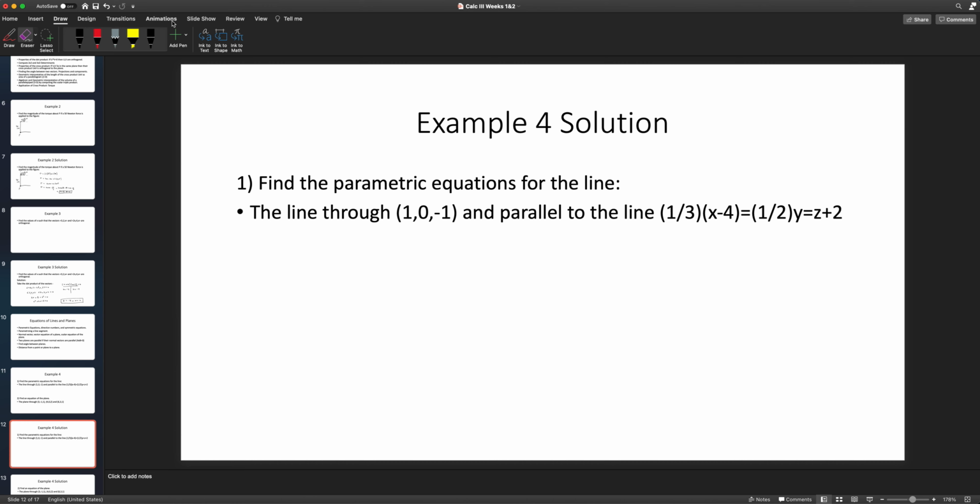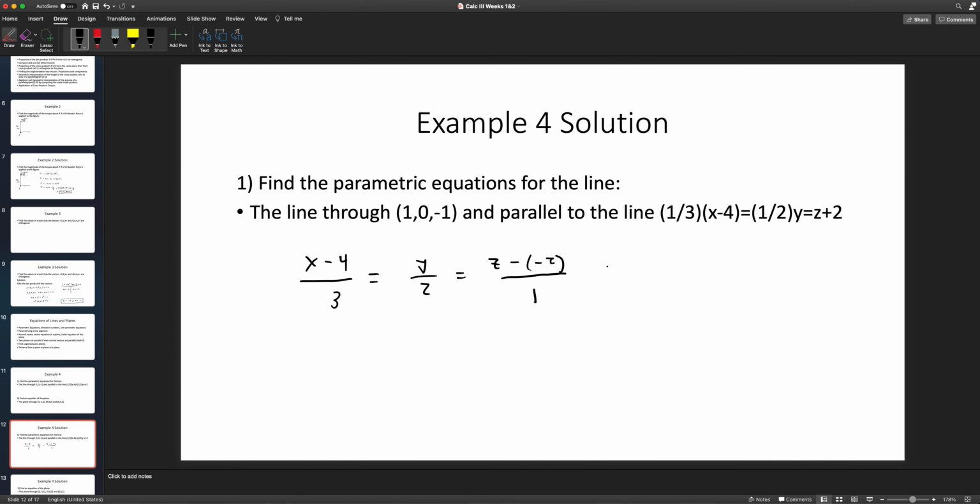So we'll notice that we're given (x - 4)/3, etc. We're going to rewrite that as (x - 4)/3, which is equal to y/2, which is equal to (z - (-2))/1.